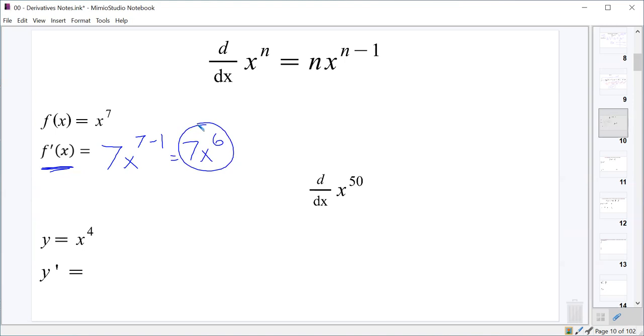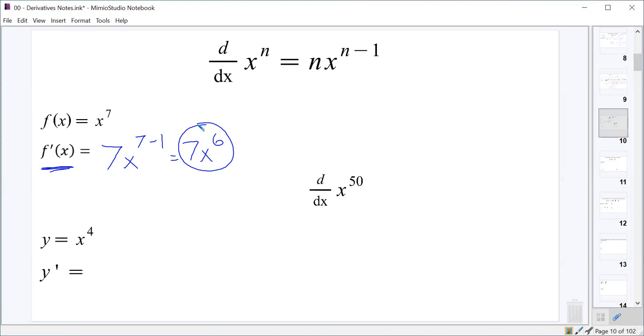And you don't need to write the 7 minus 1. You should be able to just look at x to the 7th and say, oh, its derivative is 7x to the 6. And that's certainly a lot better than writing it out as a limit as h approaches 0 of x plus h to the 7th power minus x to the 7th all over h, and then having to expand out x plus h to the 7th. That's just a mess. It's much easier to use the power rule.